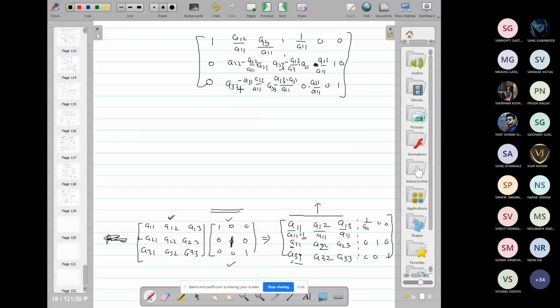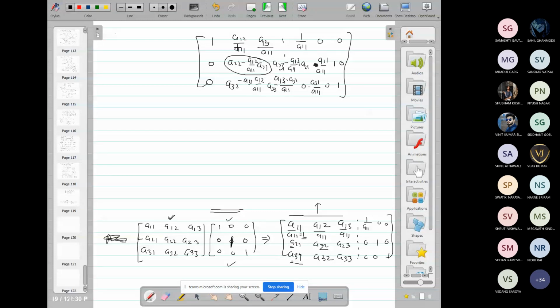So in this way, next suppose we denote this element by another notation. Again we need to make this element identity, so dividing this row by this element it becomes 1, and then multiplying this row by this element and subtracting from this, it becomes 0.